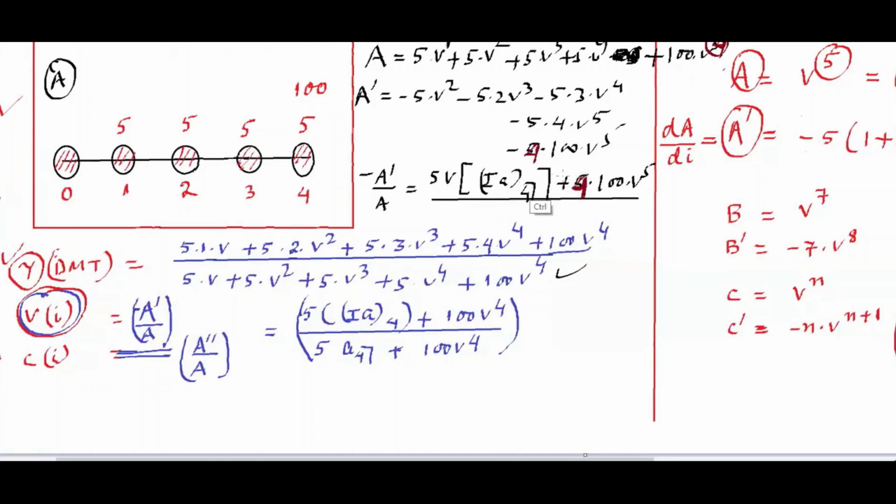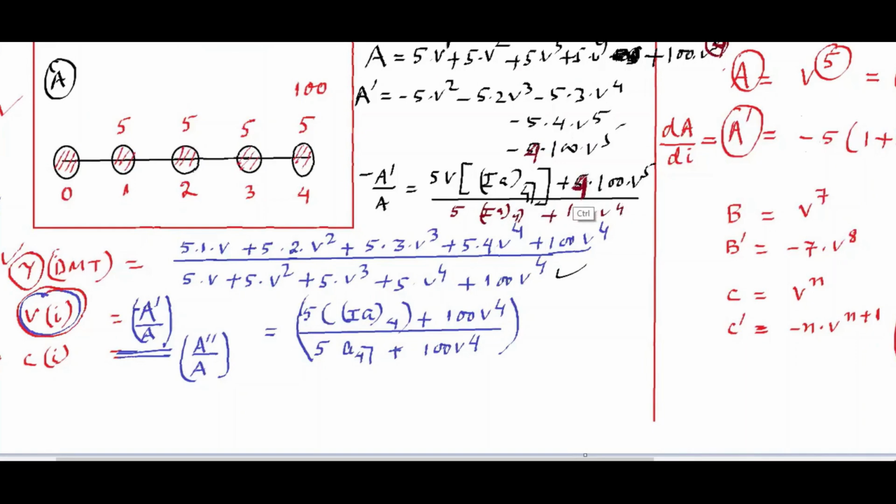Okay, 5 is common here, so 5 is there everywhere. I've taken 5 common here also. But where does this 5 come from? 5 comes from this, right? 4v4. Now here in the denominator, we'll have 5 IA4 plus 100 v4.